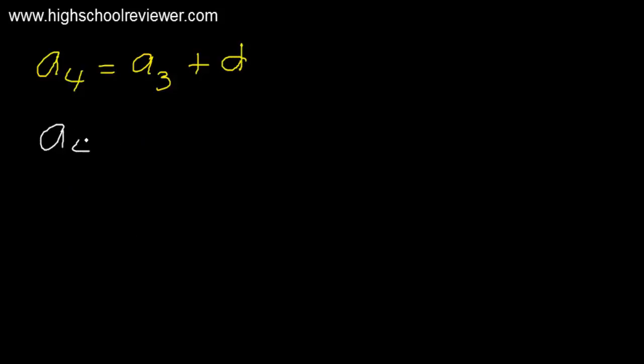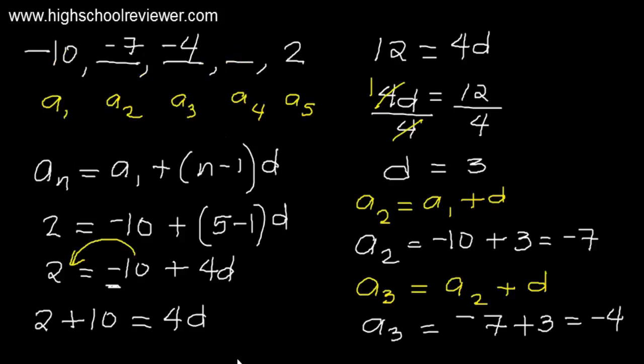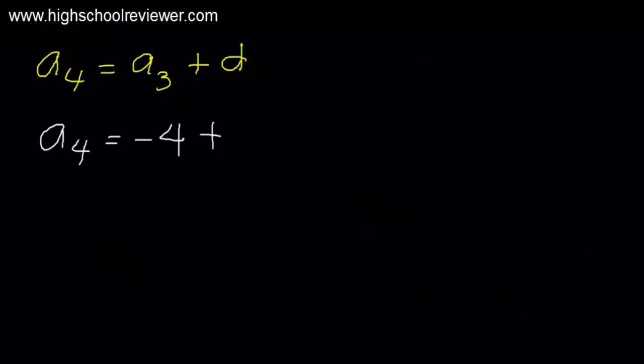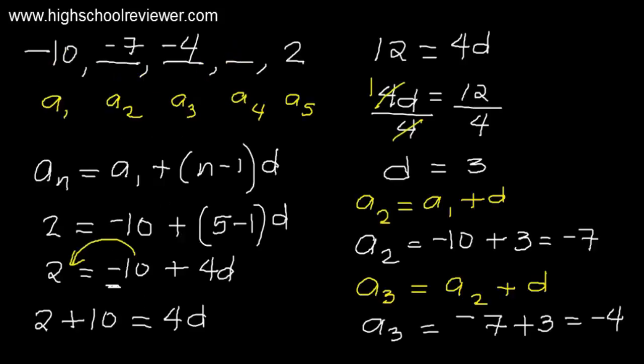Our a sub 3 is negative 4, so this will be negative 4 plus our d, which is positive 3. So a sub 4 here would be equal to negative 4 plus 3, that's negative 1. So our a sub 4 here will be negative 1.